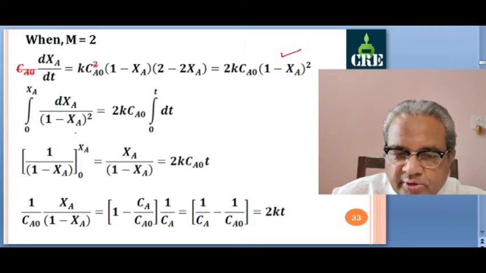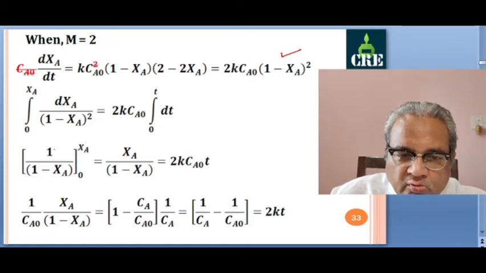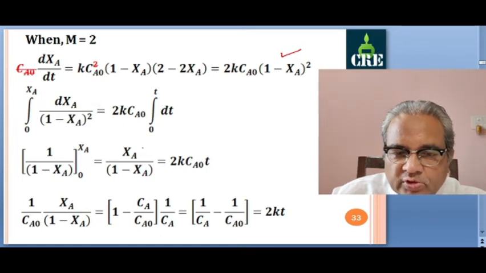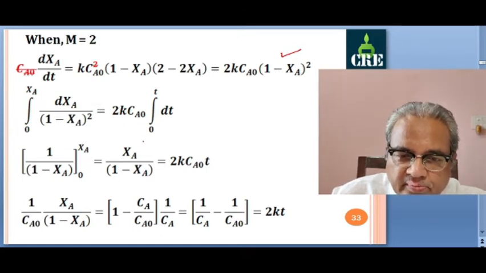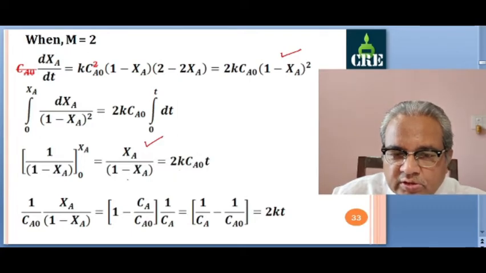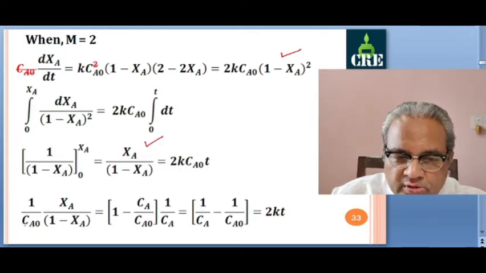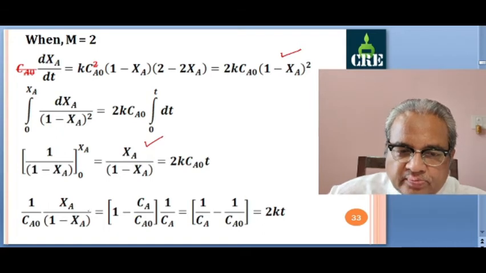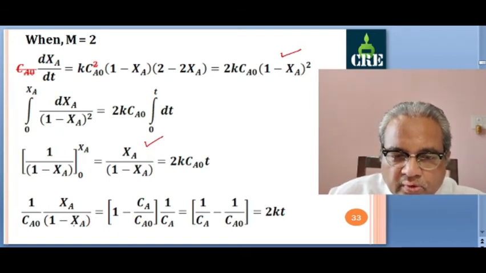We have solved this kind of integral earlier. If I substitute these limits, I get 1 upon (1 minus xa) minus 1, which can be simplified to xa by (1 minus xa), and that is equal to 2k Ca0 t. I can make a little rearrangement: transferring this Ca0 to this side, so 1 upon Ca0 into xa by (1 minus xa).